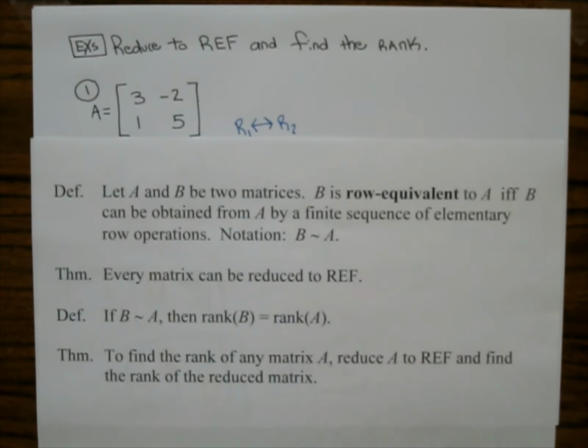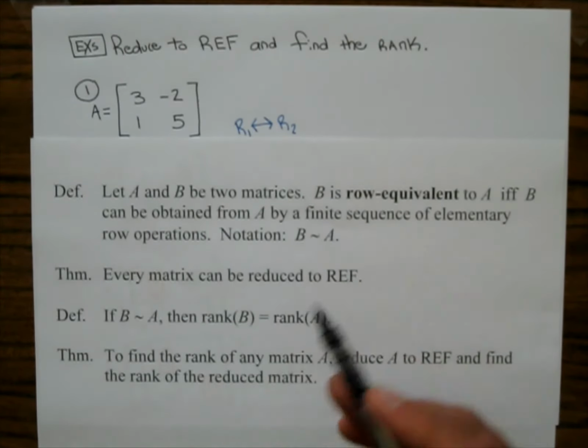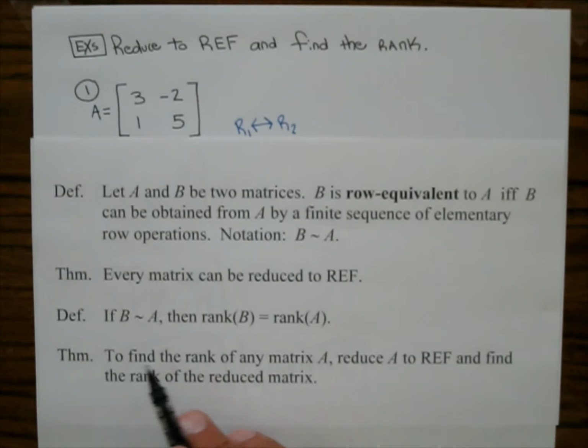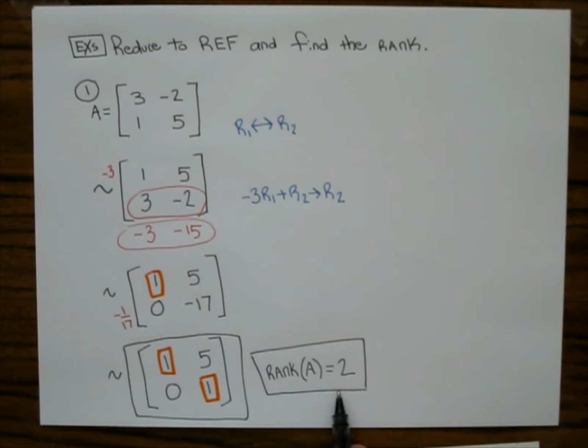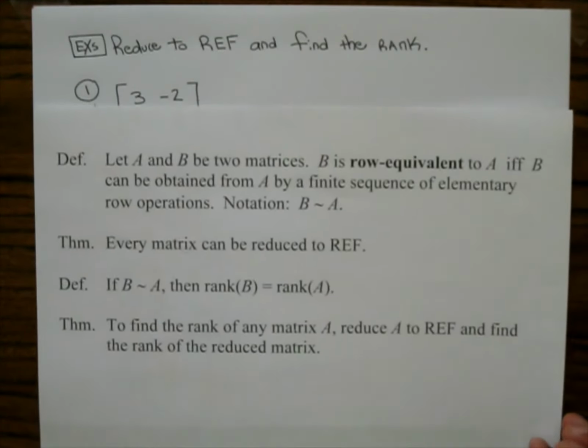No, every matrix can be reduced to REF. Definition: if B is row equivalent to A, then their ranks are the same. And that's kind of what we were saying right here. The rank of A, our original matrix, is 2, and the rank of this one is also 2. And that's just the definition of rank.